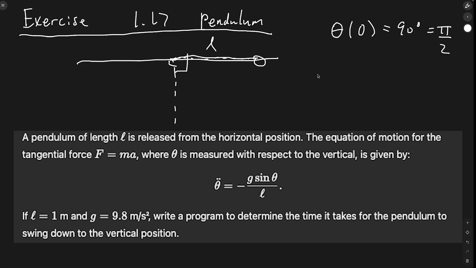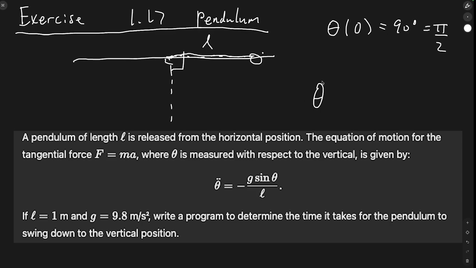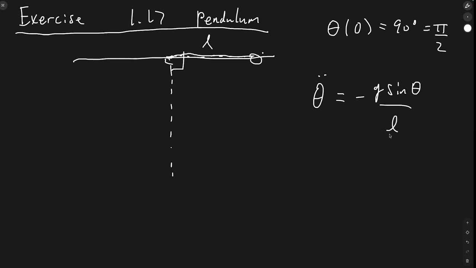And it can be shown that the tangential F equals ma equation, so that means that the tangential acceleration, where theta is measured with respect to the vertical, is theta double dot equals minus g sine theta over L. So this is your differential equation.